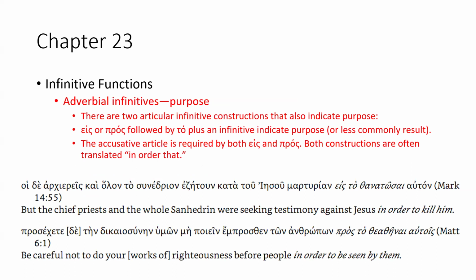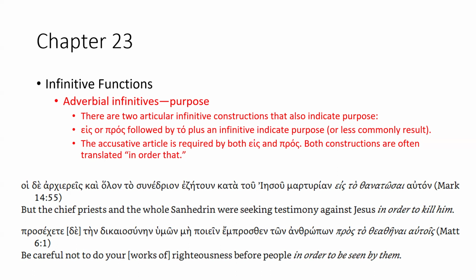There are two articular infinitive constructions that also indicate purpose, eis or pros, followed by to plus an infinitive indicate purpose or less commonly result. The accusative article is required by both eis and pros. Both constructions are often translated in order that. Hoi archiereis kai holon to sunedrion ezetoun kata tou Iesou marturian eis to thanatosai auton. But the chief priests and the whole Sanhedrin were seeking testimony against Jesus in order to kill him.